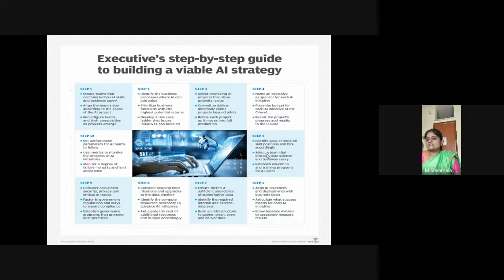The last step is to set performance parameters for AI teams to follow. Use metrics to monitor the progress of all AI initiatives and plan for a degree of failure. These are all the executive's step-by-step guide for building a viable AI strategy.